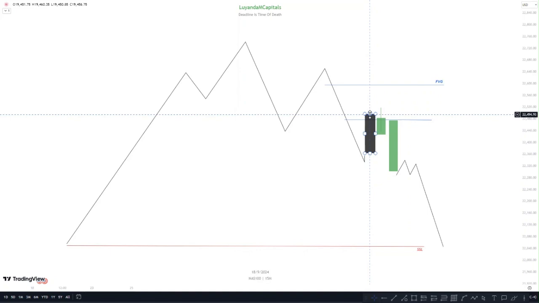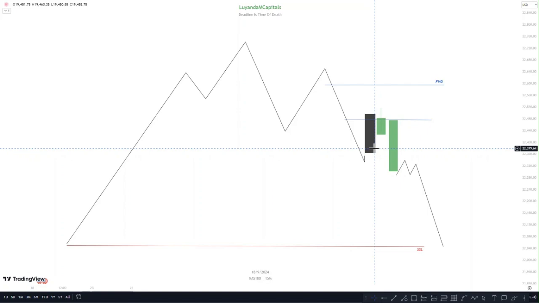And then price just stops you out, right? And why is that? Because you might find that there's a candle before this one, and this candle closed above it, right?